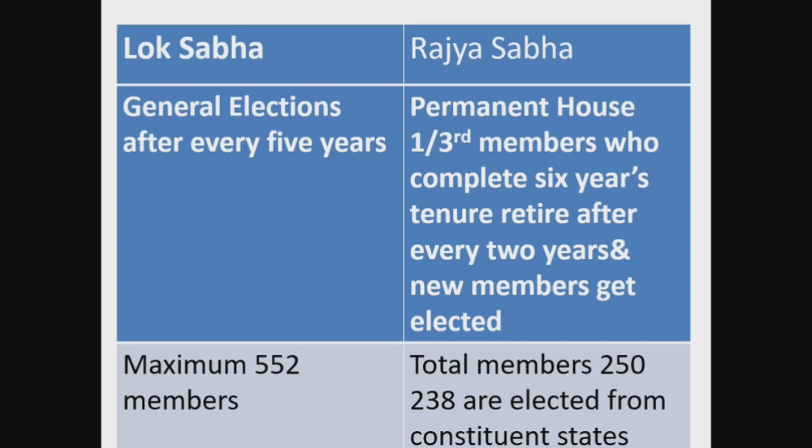There are a total of 552 members in the Lok Sabha, and in Rajya Sabha there are 250 members. Out of them 238 are elected from the constituent states and others are nominated by the President.